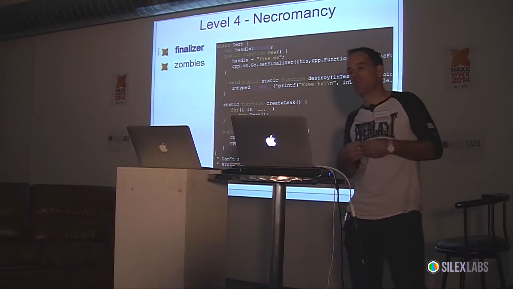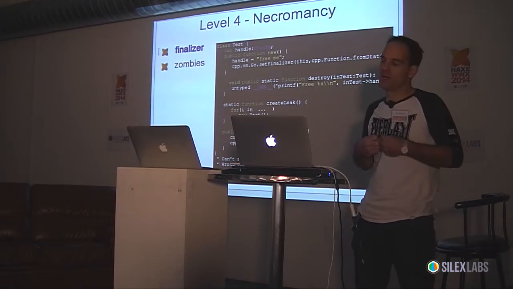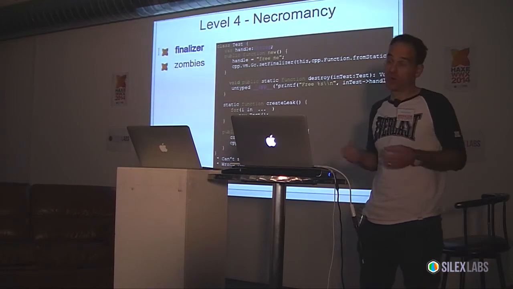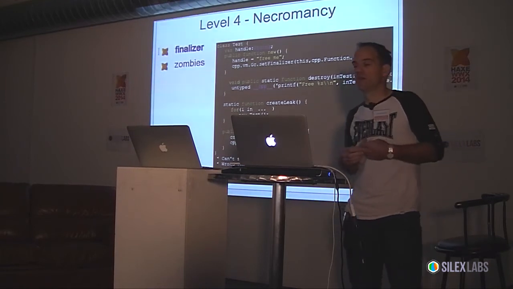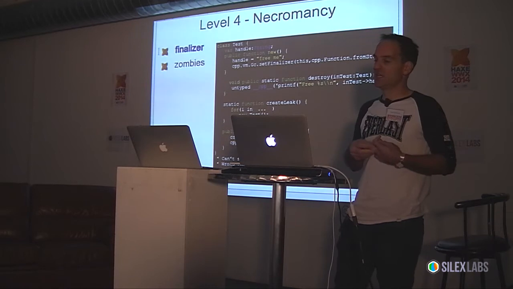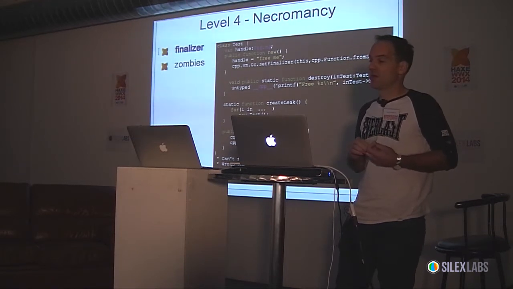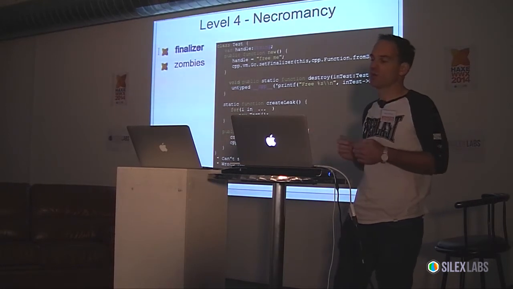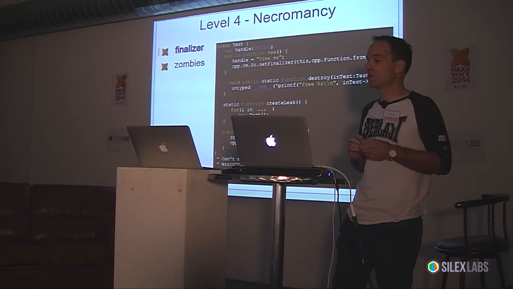But there are some possibilities of using finalizers to delete the pointer if the developer has forgotten to. This CPP VM GC set finalizer attaches the finalizer function to the object. So when the object finally goes out of scope and it's no longer used, this function will be called.